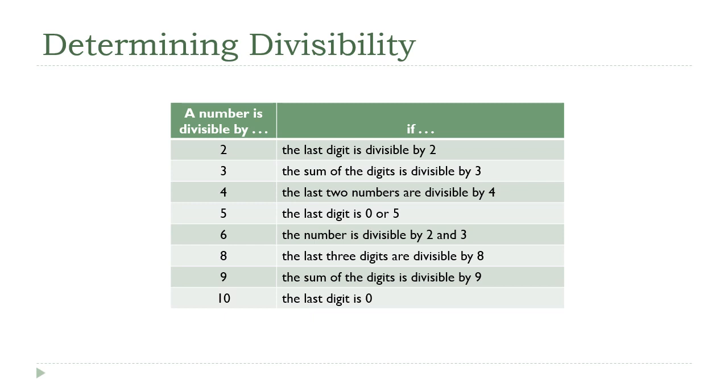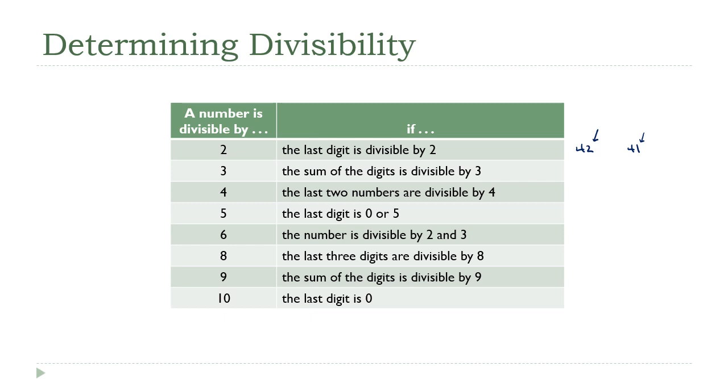So for example, 42 is divisible by 2 because this last digit, 2, is divisible by 2. And on the other hand, 41 is not divisible by 2 because its last digit is 1 and 2 doesn't go into 1 evenly.